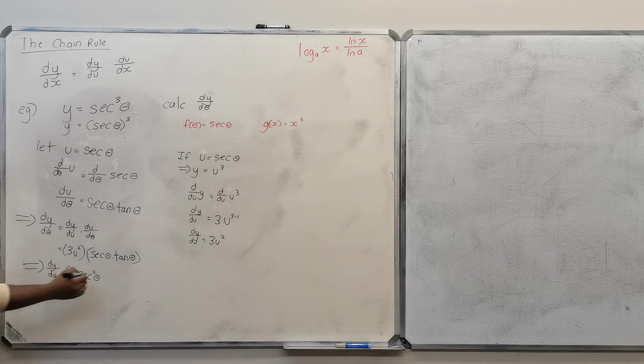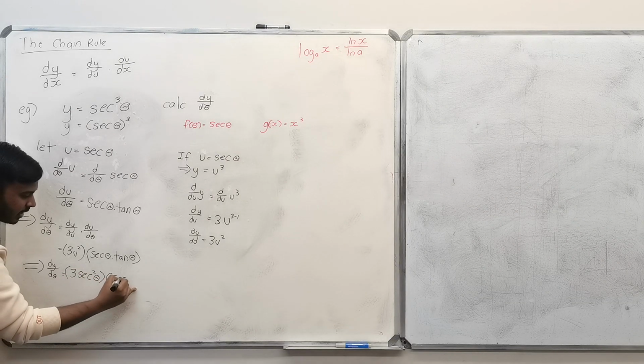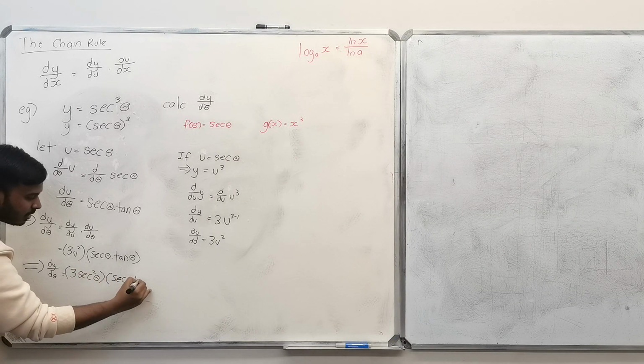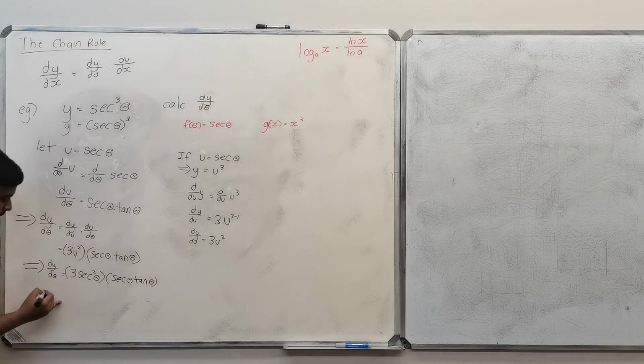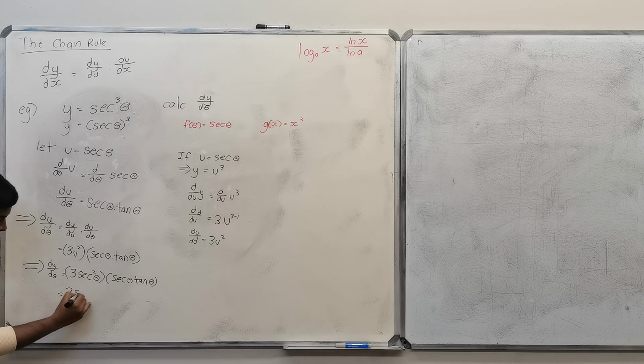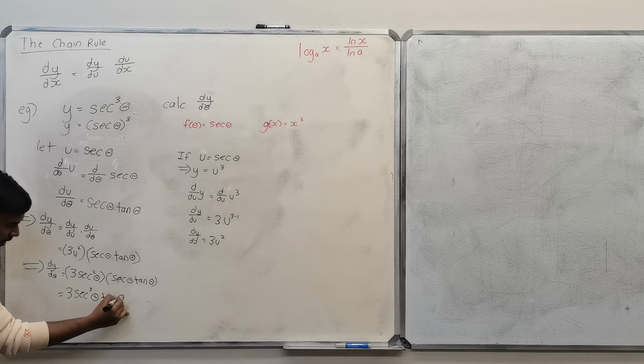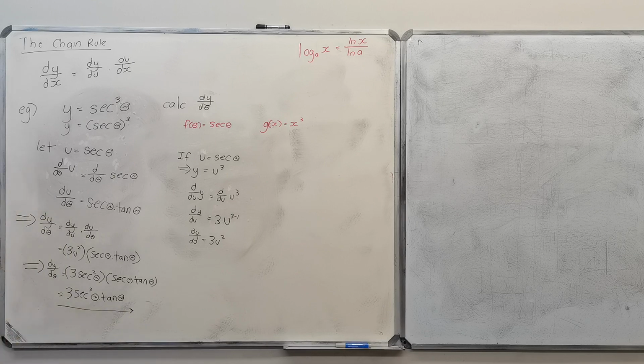So I will say sec squared theta times sec theta tan theta, which can be written as 3 sec cubed theta tan theta. It just became longer.